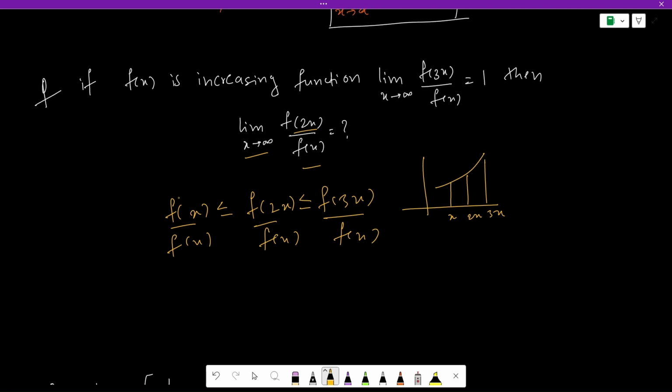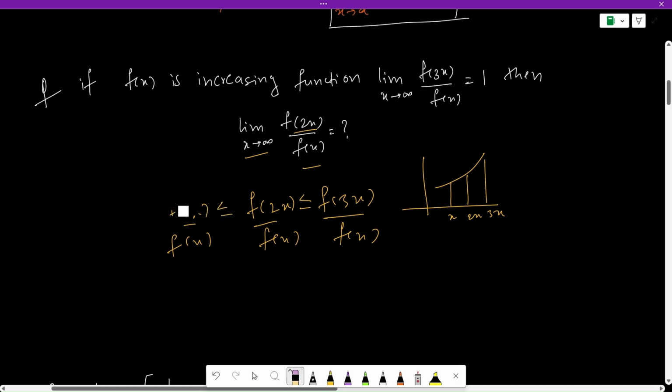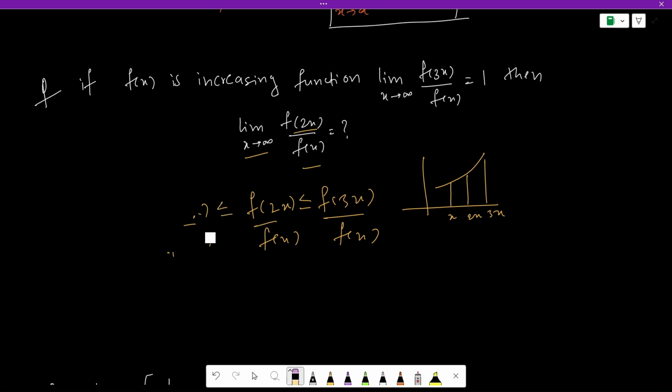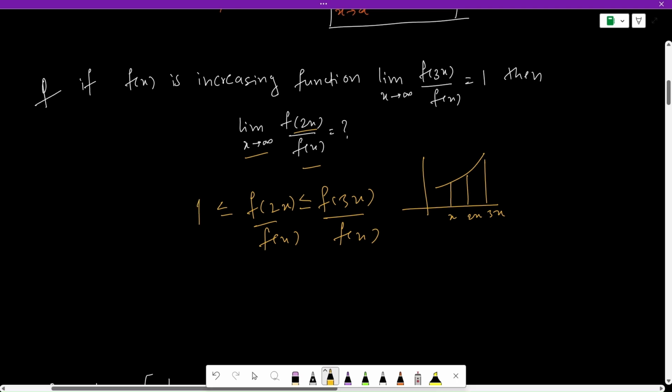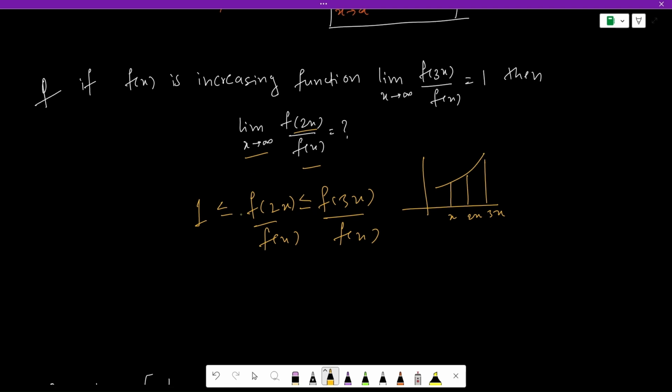Right, now f(x) by f(x), this is 1, so let's write here 1. Now what we need is the limit as x tends to infinity. So let us take the limit as x tends to infinity. Here also the limit as x tends to infinity. Now this is a constant, so the limit as x tends to infinity is also 1, as it has a graph like this.